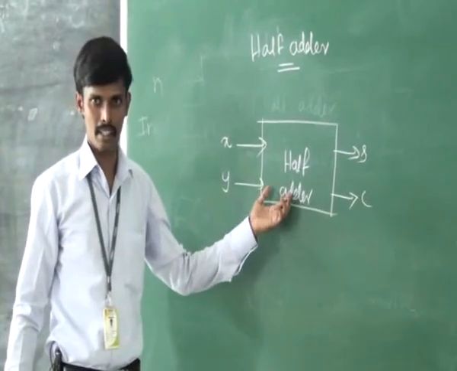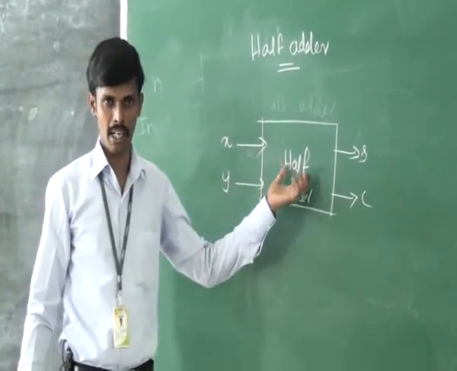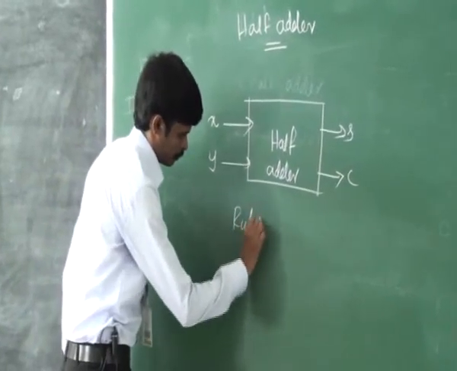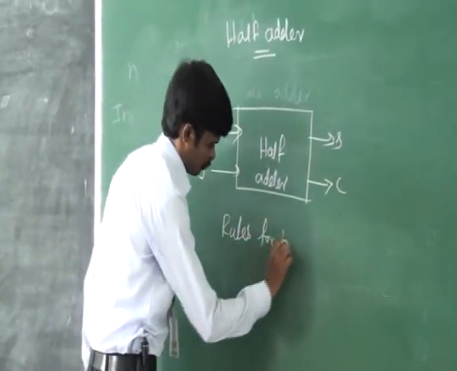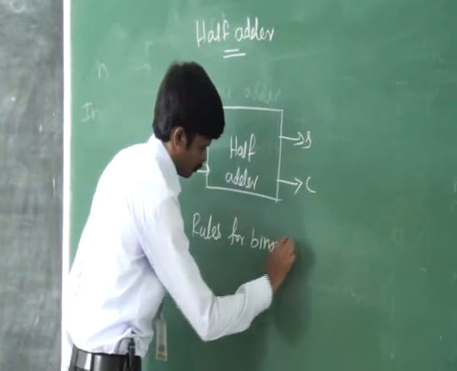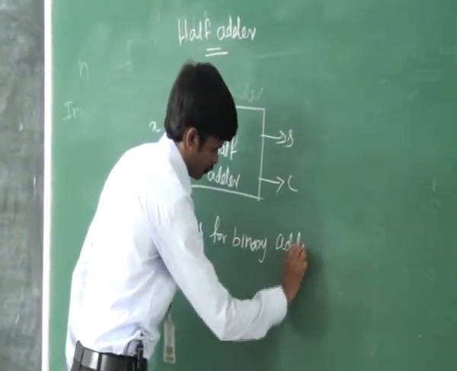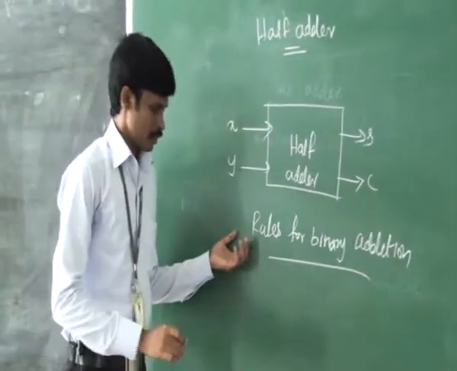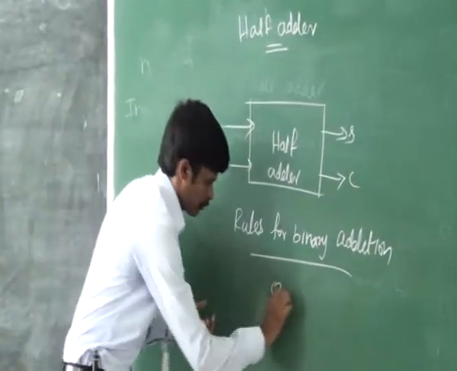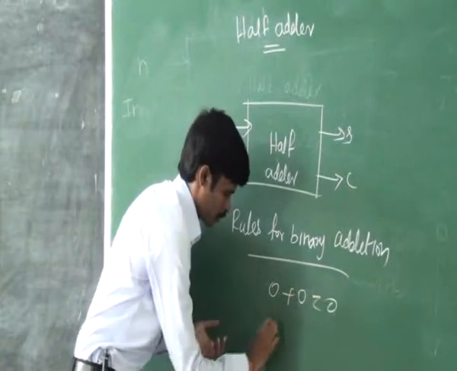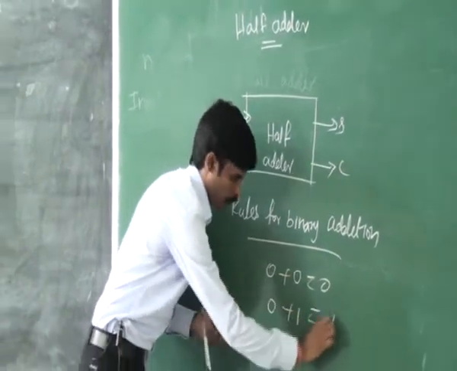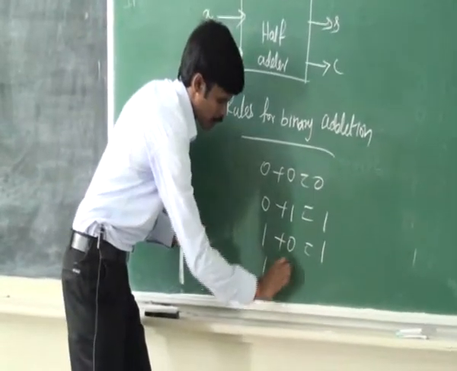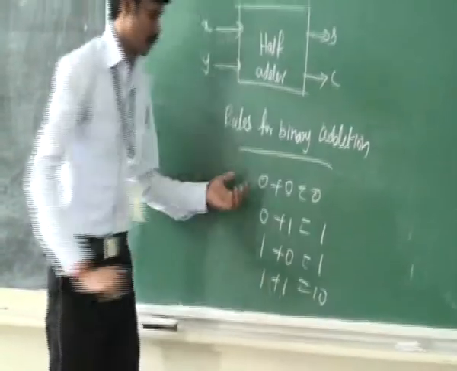Next let us see the rules for binary addition. Zero plus 0 is 0, 0 plus 1 is 1, 1 plus 0 is 1, 1 plus 1 is 1 0.